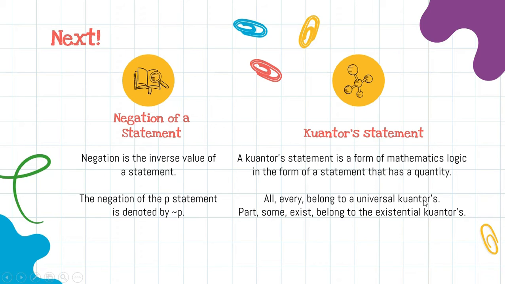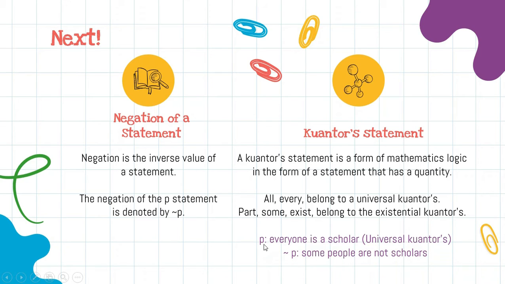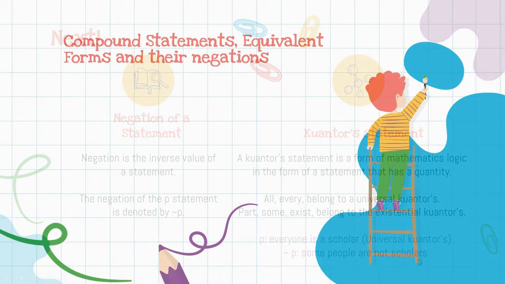The universal quantifier and the existential quantifier negate each other. Example, P is everyone is a scholar. This is a universal quantifier. Negation of P: some people are not scholars.